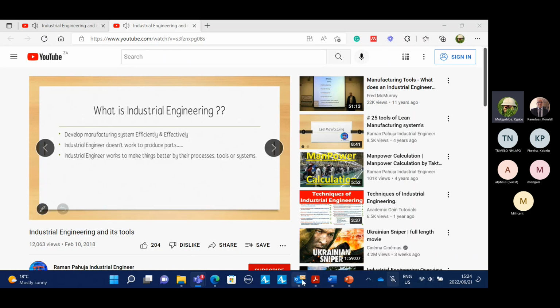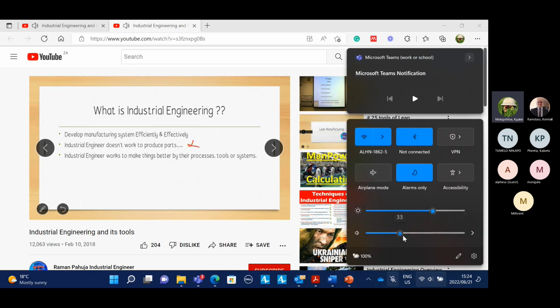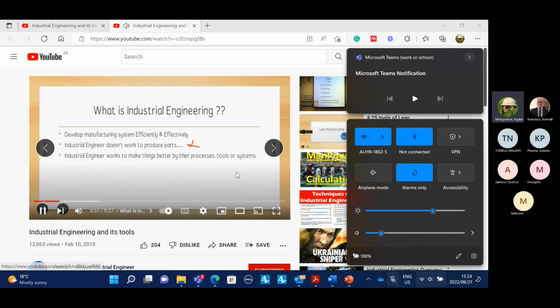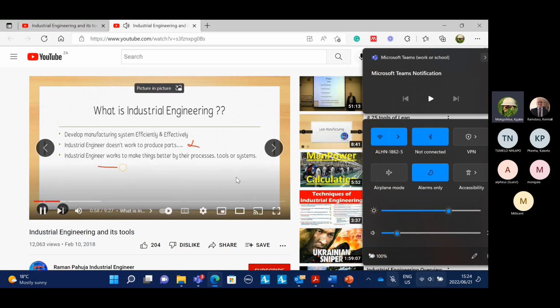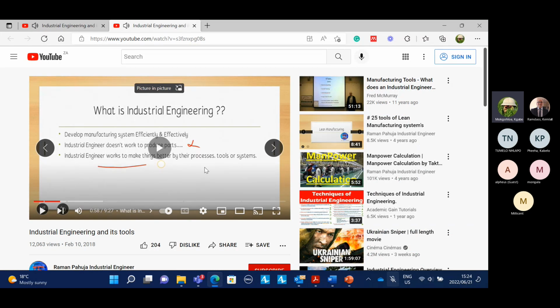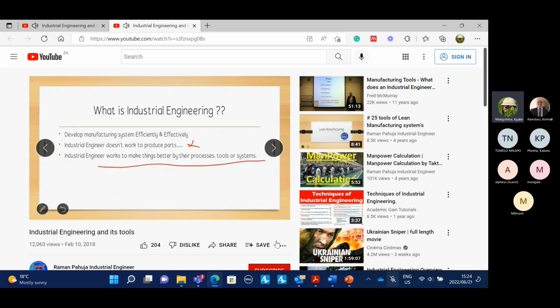So industrial Go to engineering doesn't Grammarly.com. work for Right there. to produce the parts. Like it is not a production engineer. It is an industrial engineer who is work for improvement or work to make things better by their processes, tools or systems.